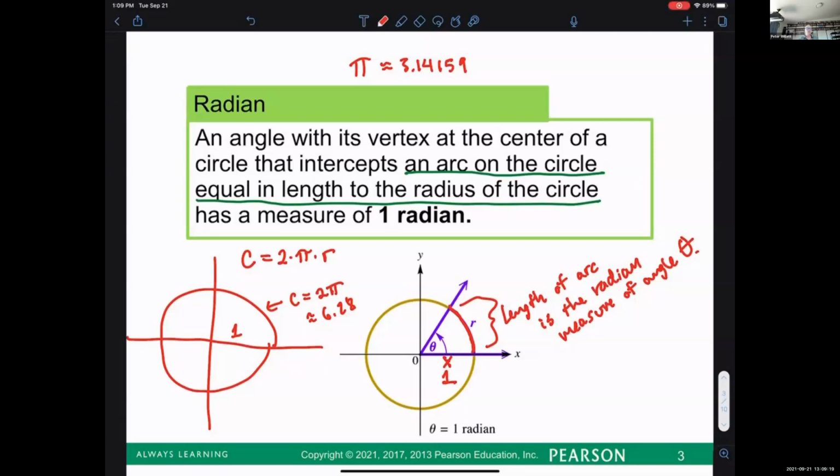And so if I want to have a part of the circle, because I have an angle theta, so I'm getting an arc on the circle that's not all the way around, I would want to know how far around it is to know what that arc length would be. So for example, let's go up here.